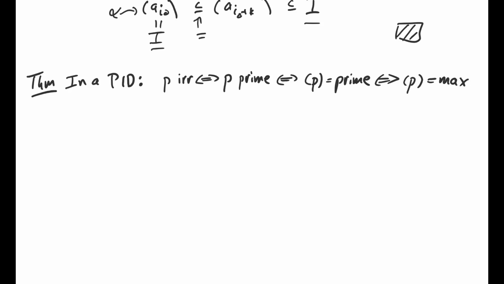But here's the new one: an ideal generated by P is prime if and only if it's maximal. So the prime ideals actually jump all the way up to maximal. Now, if you recall, we already knew that maximal always gave prime, so really the only work we have to do is this direction. All right, let's go to the proof.